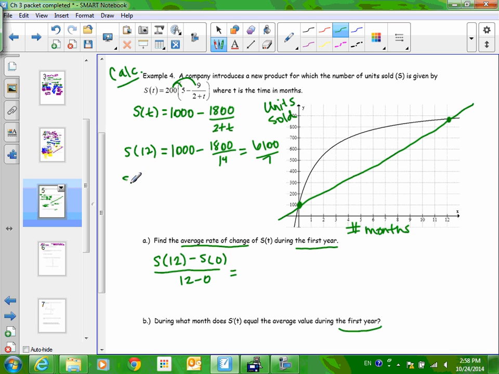All right, what about S of 0? If we plugged in 0, or we can look at the graph, but either way you get 100.